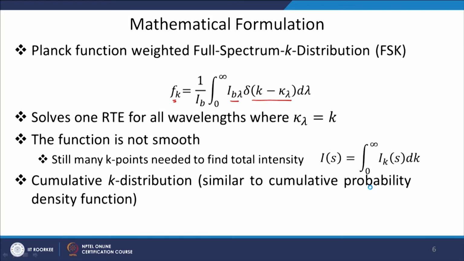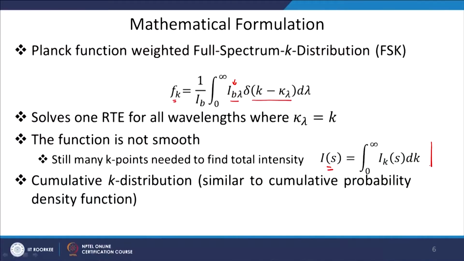So, we are solving one RTE for all values of lambda where kappa lambda is equal to k. You should also observe here that the Planck function is coming into the definition of the k distribution. So, the variation of the Planck function, the variation of emission, is already taken into account.